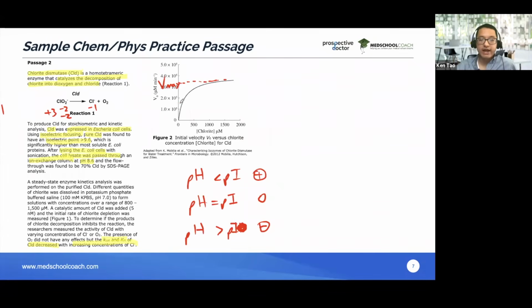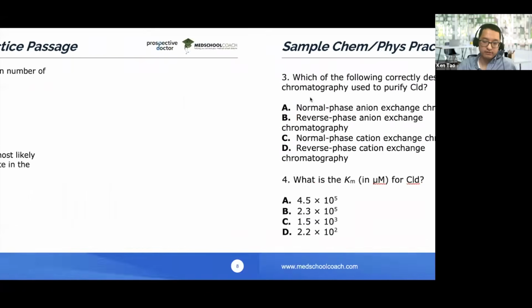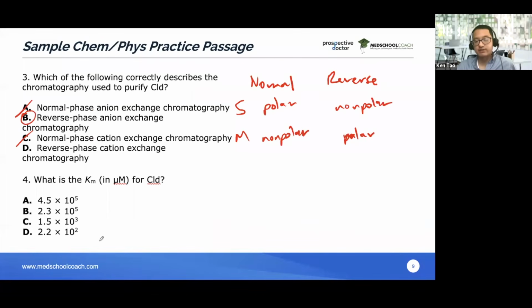And then we look for half of that value, that would be 1/2 Vmax, and we look at the Km, which looks like it's maybe around 200 micromolar. So we just need something that matches that. 200 micromolar, and since they're working in scientific notation, this would be about 2 times 10 to the 2 micromolar, which is closest to answer choice D.